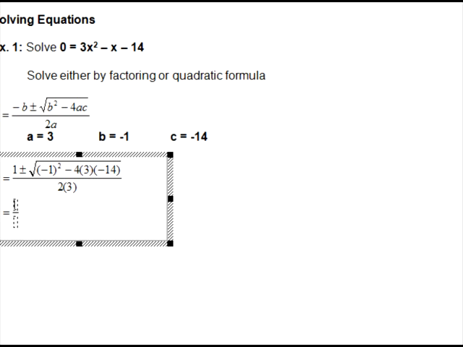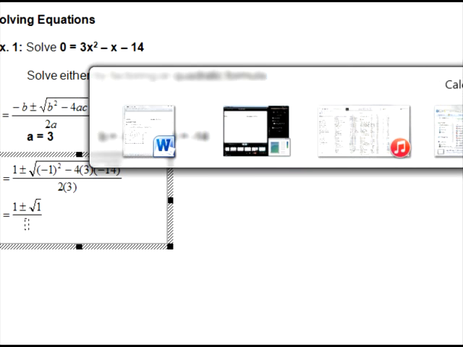Nicole, can you please tell me what -1 squared is, please? Let me repeat that. -1 squared, good, is 1. Can you also please be brave and tell me what -4 times 3 times -14 is, please? Actually, I'll have to get out my calculator to confirm your answer.